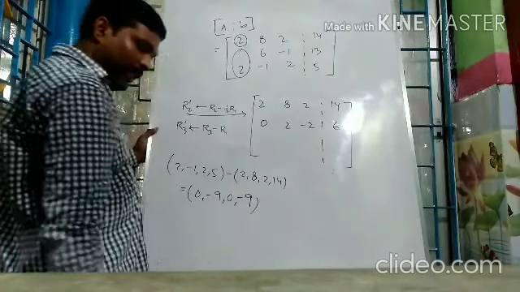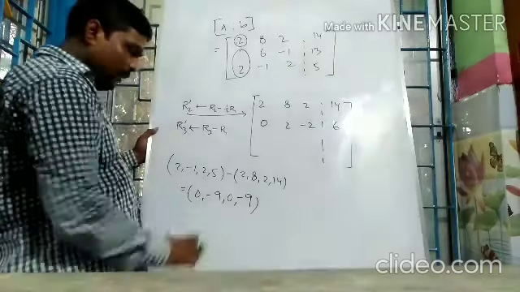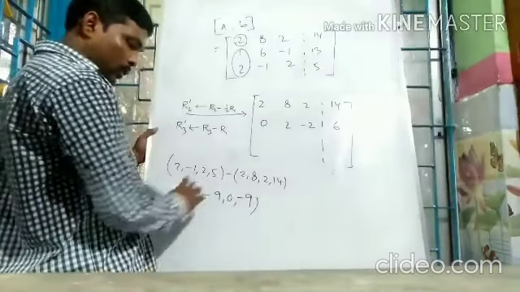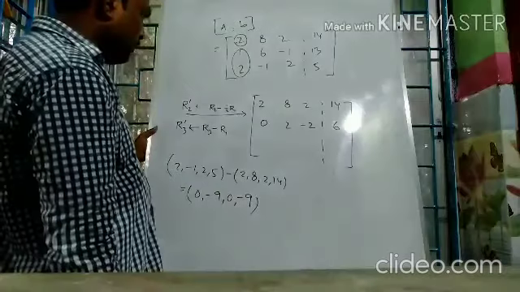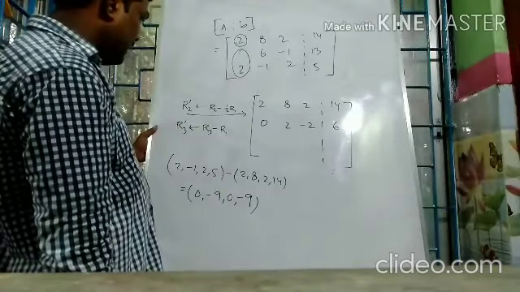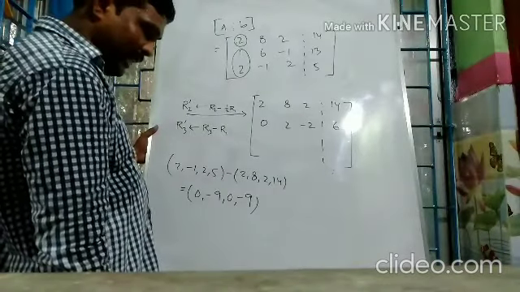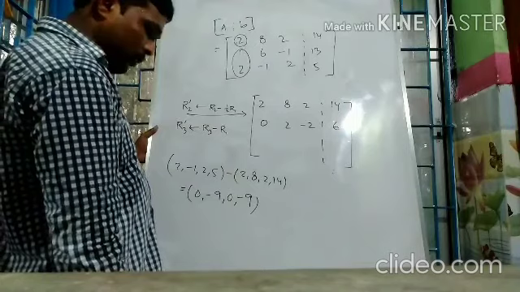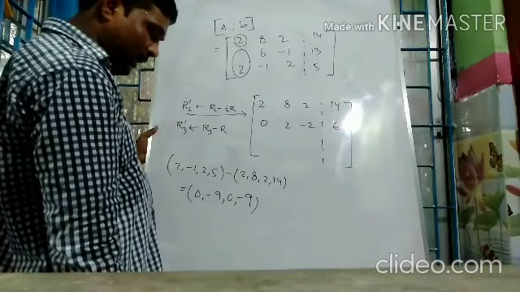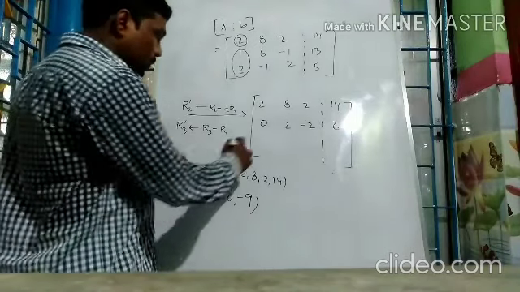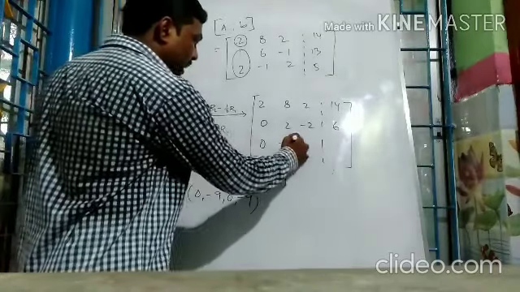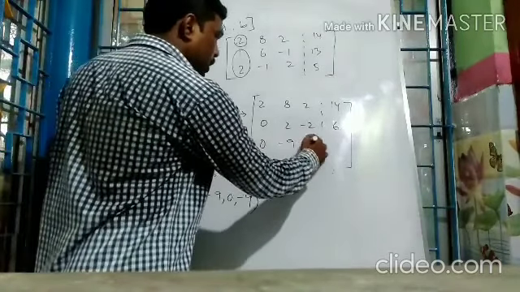So it is 0 minus 9, 0 minus 9. Okay, so write 0 minus 9, 0 minus 9.